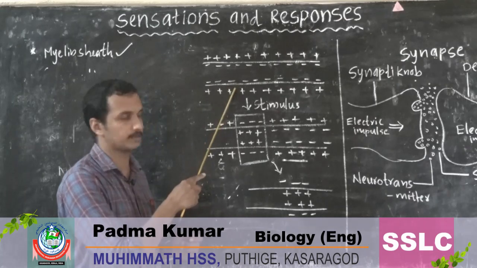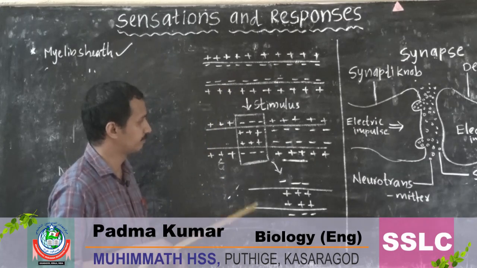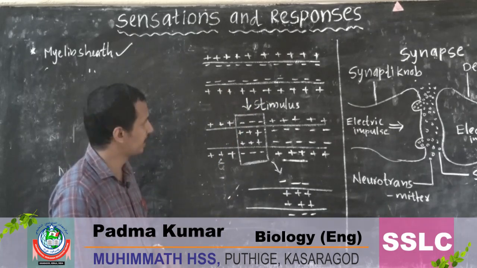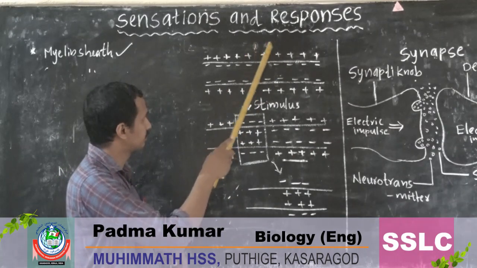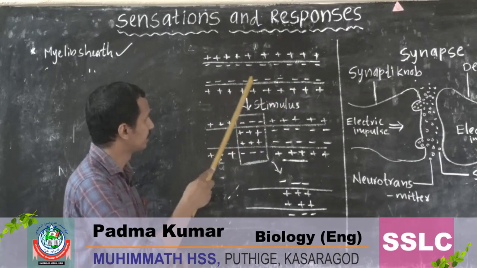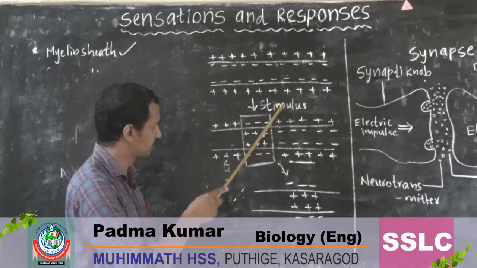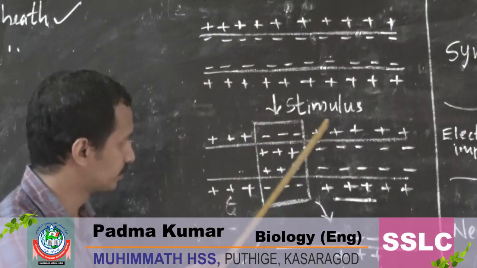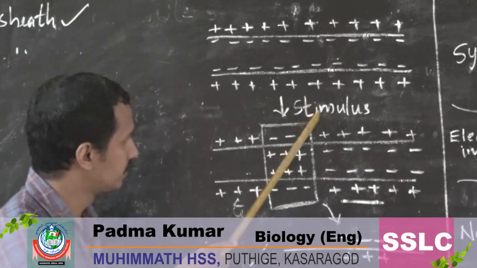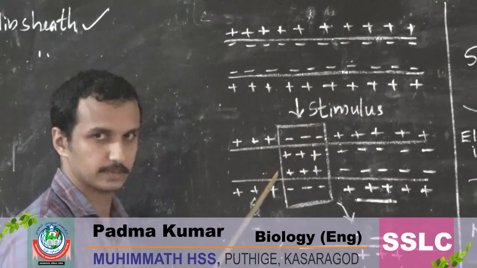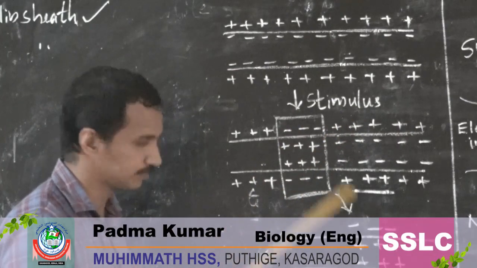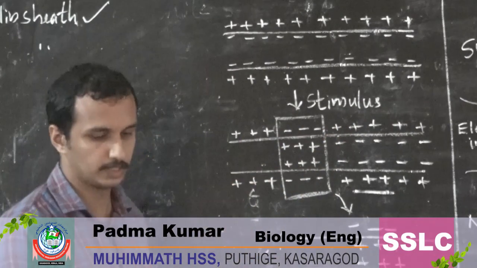Just observe it. You can see some regions marked as positively charged, some as negatively charged, and a stimulus coming, which is also mentioned here. When the stimulus reaches the surface of a nerve cell, some changes occur, which we are going to discuss here.